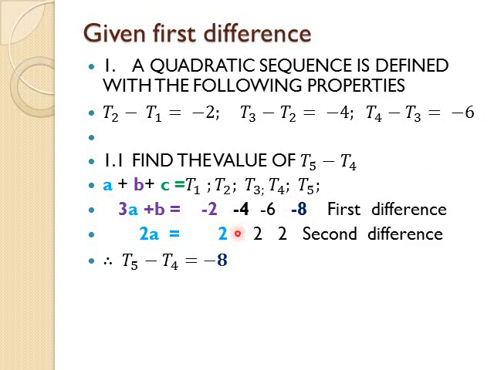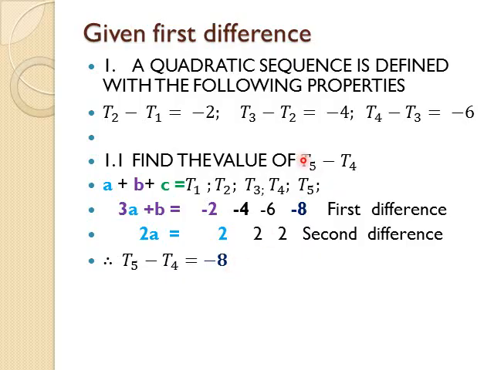If I continue, minus 4 minus minus 2 gives me minus 4 plus 2, which is 2. Minus 6 minus minus 4 becomes minus 6 plus 4, which is 2. Minus 8 minus minus 6 becomes minus 8 plus 6, which gives me 2. So my second difference here is 2. So term 5 minus term 4 equals minus 8.